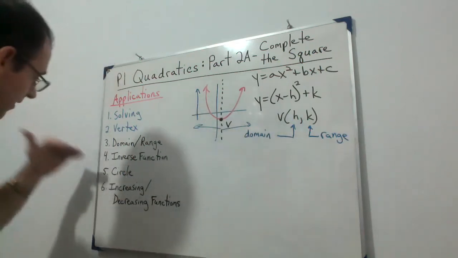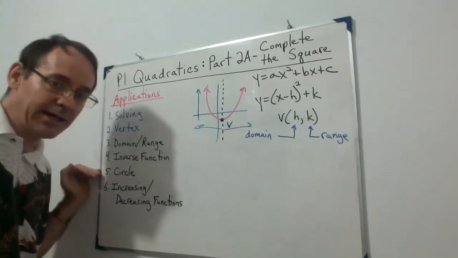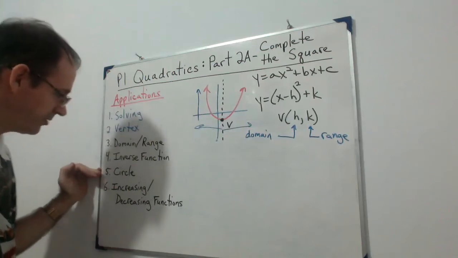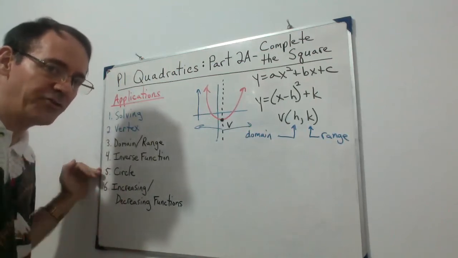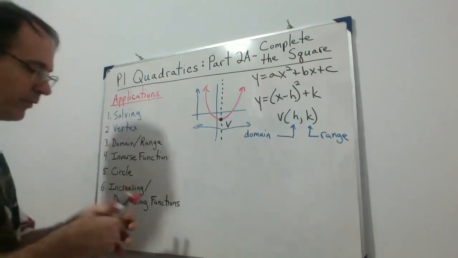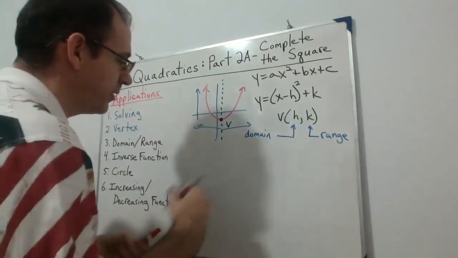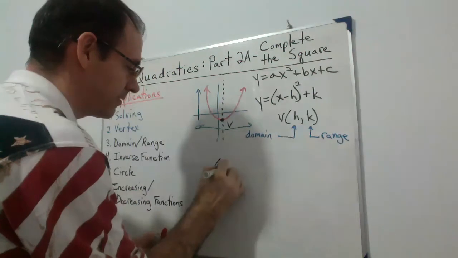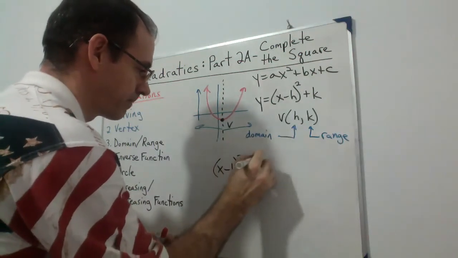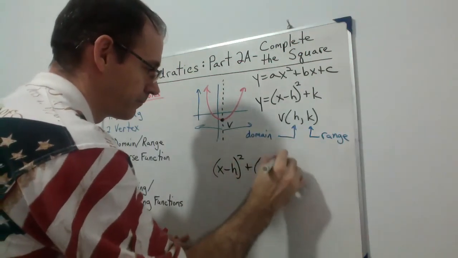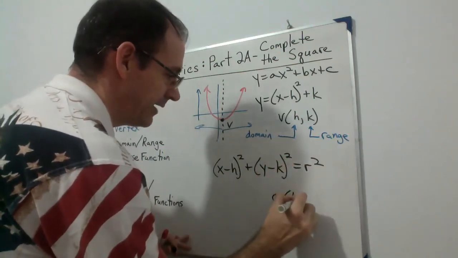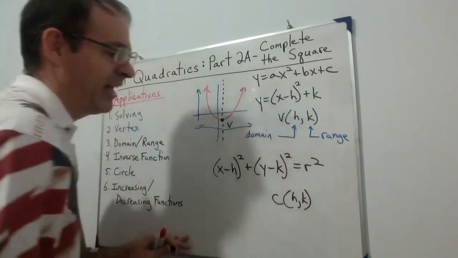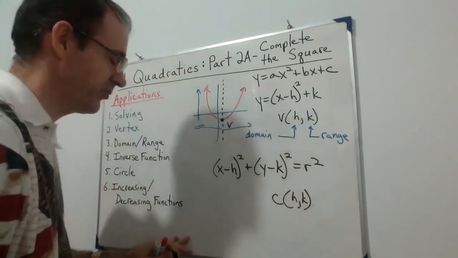So then after that, we get into coordinate geometry. And in coordinate geometry, we talk about lines, but we also talk about circles. Well, guess what? The circle formula looks like this, where the center is at h and k, and the r is the radius of your circle.